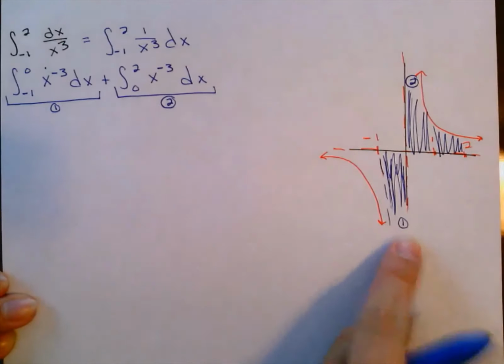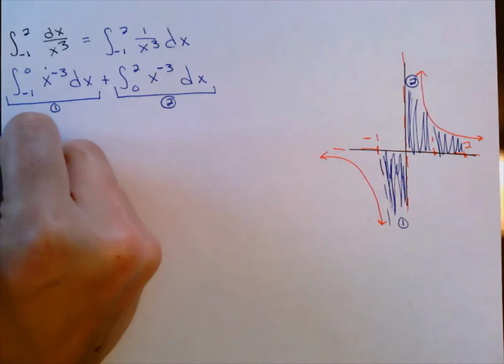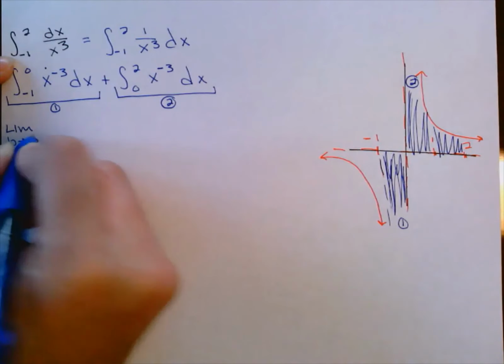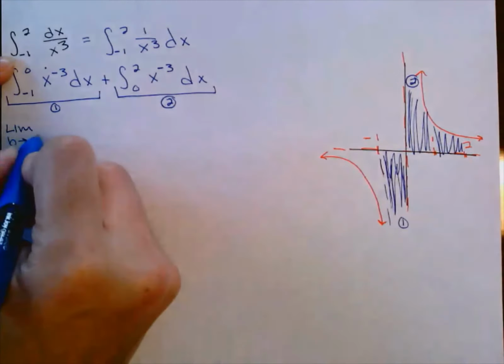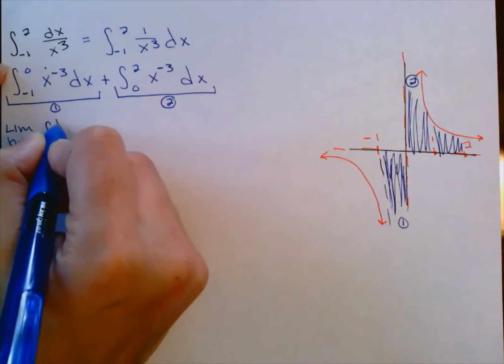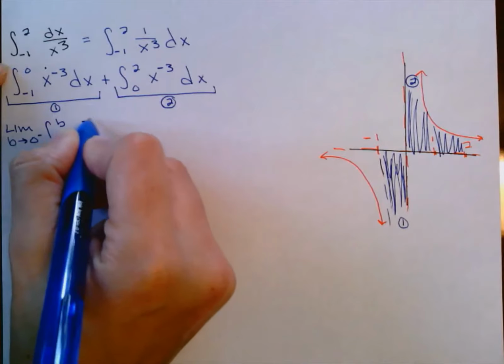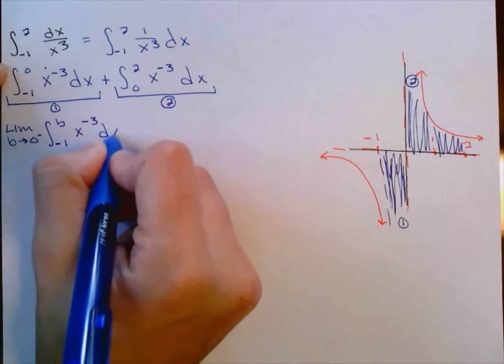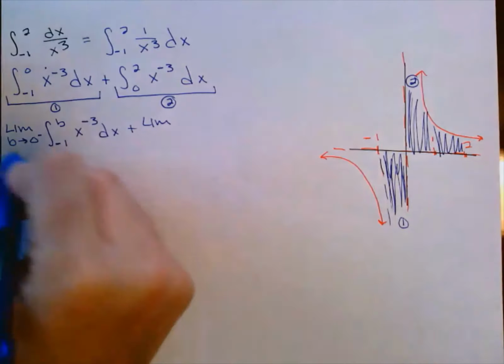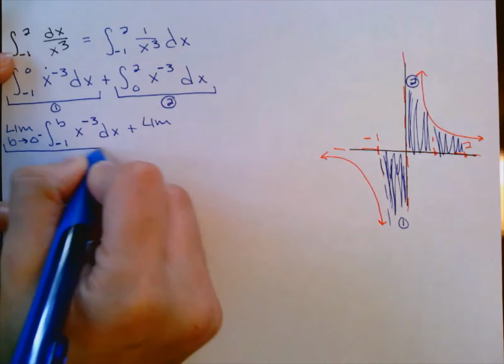So if I'm looking here, I'm going to write the limit. My problem area is 0, which is the top, which is b. So I'm going to say as b approaches 0, now I'm approaching it from the left-hand side, the integral from -1 to b of x to the -3rd, plus the limit. This is still my first portion.